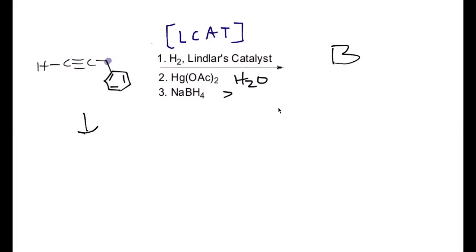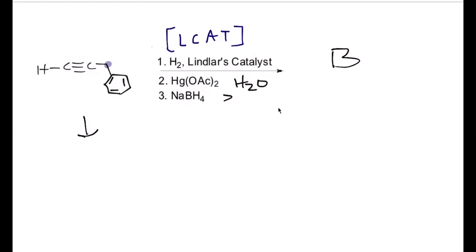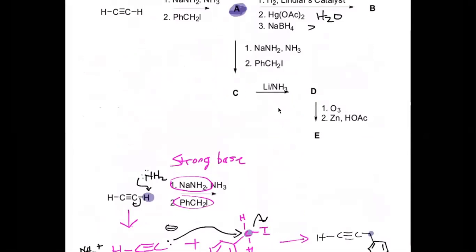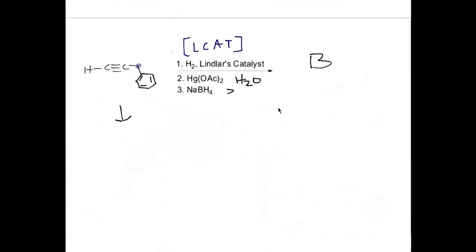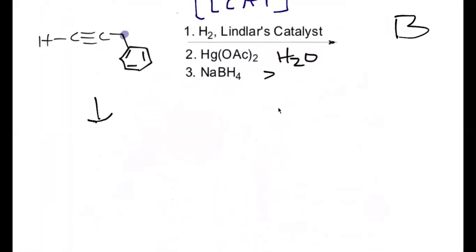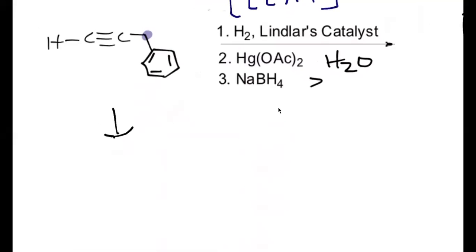And so let's do that. Let me go back and make sure we're on the right path. Even though the alkene we get from this technically is not cis, because there are going to be two H's on one side, you're right, so we're going to draw it like that.